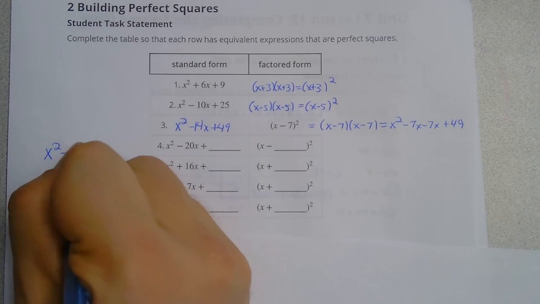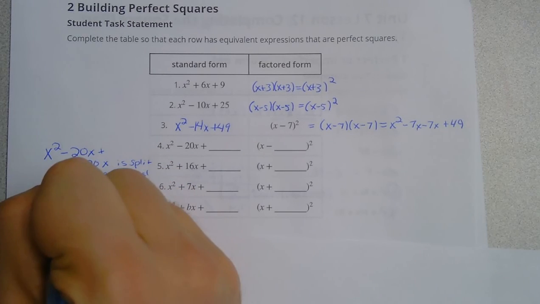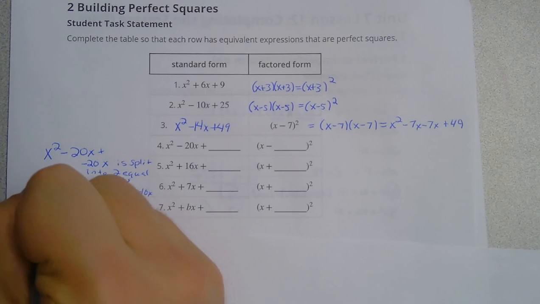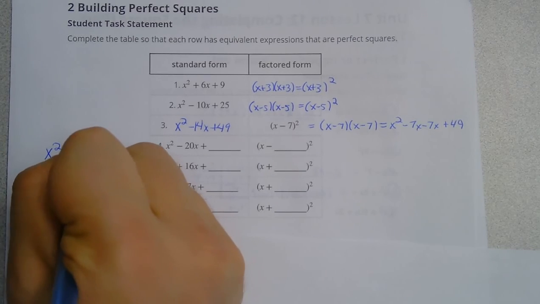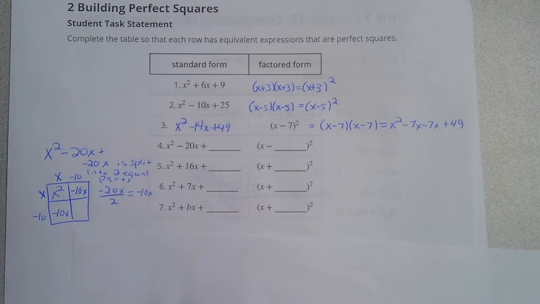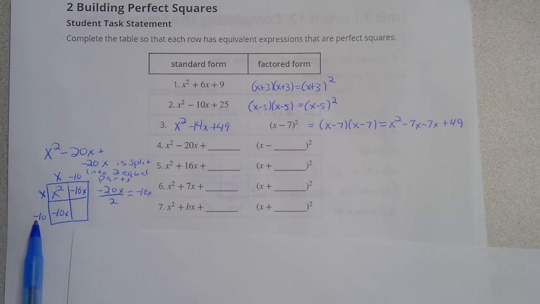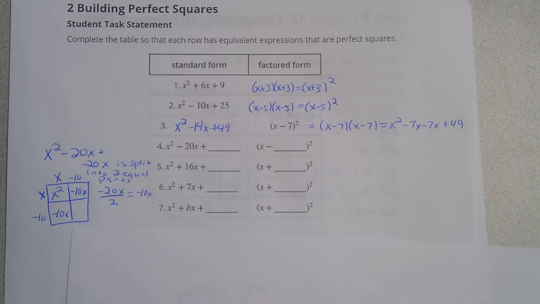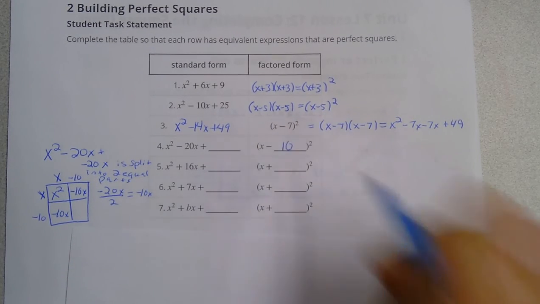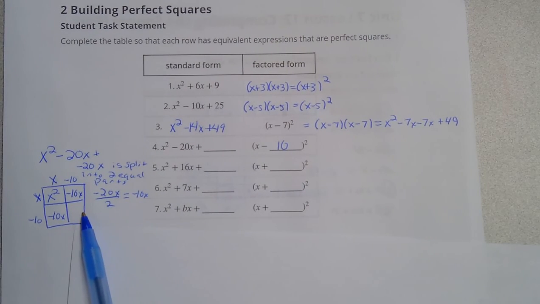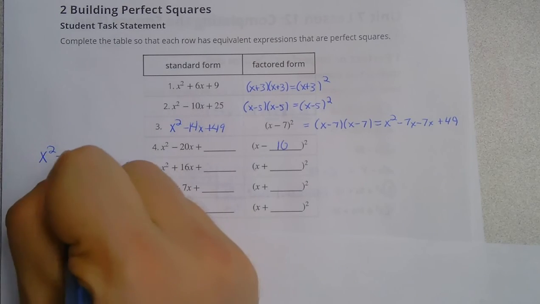So into each of those parts, I'm going to put negative 10x and negative 10x. So we have x and x, and then minus 10 and minus 10. And then over here, I can see I have x minus 10 times x minus 10. So x minus 10 is going to be squared. We filled in that part. But now I have to figure out, well, what do I add? Negative 10 times negative 10 is positive 100.